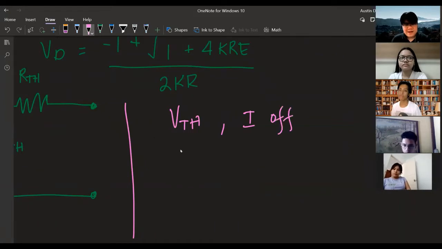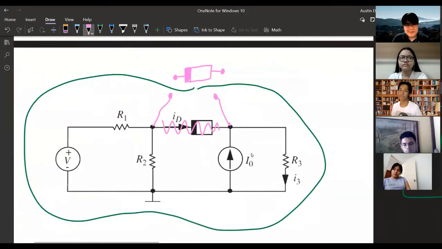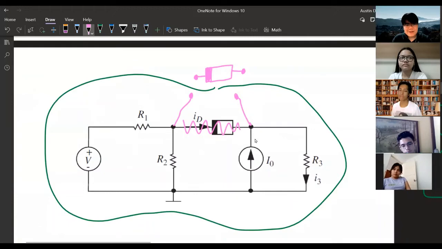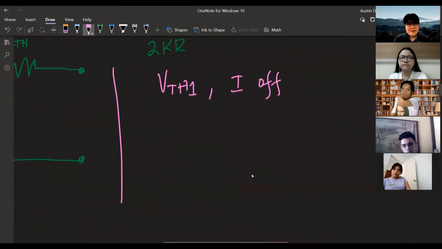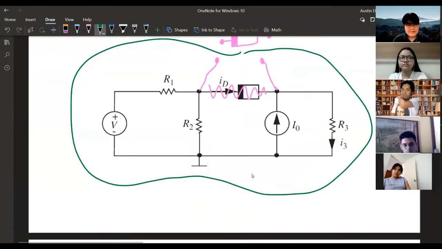Okay. So, unahin ko muna yung VTH1 wherein naka-turn off yung I. Okay, pag tinurn off natin yung current source, ano mangyayari? Mababaklas siya, di ba? Magiging open circuit siya. Therefore, yung resulting circuit natin would look like this.